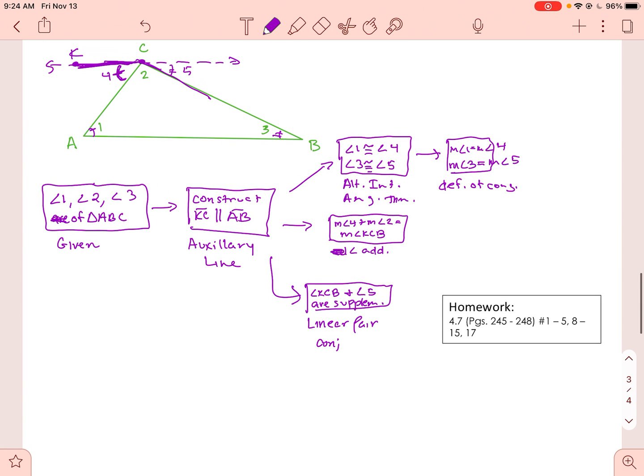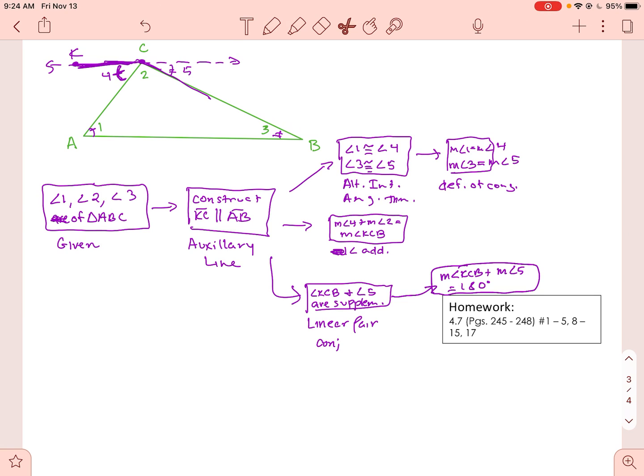And then another thing that we can say is that since we know that these are supplementary, we can say that the measure of angle KCB plus the measure of angle 5 equals 180 degrees. And that is the definition of supplementary.